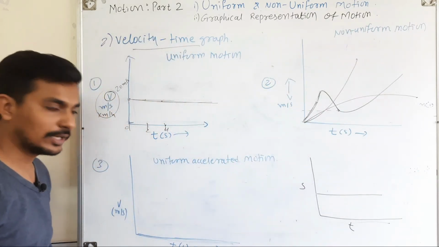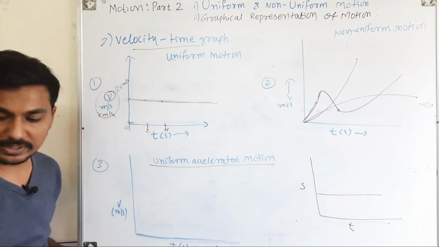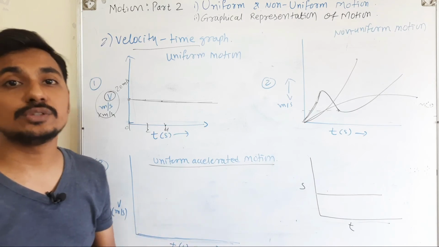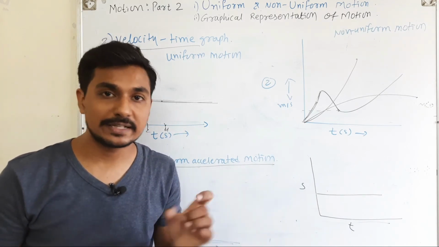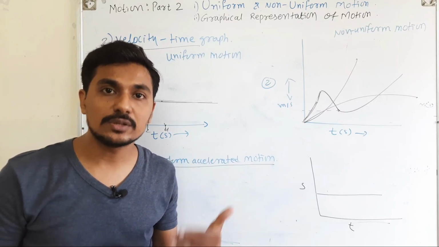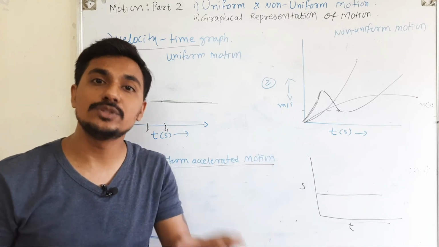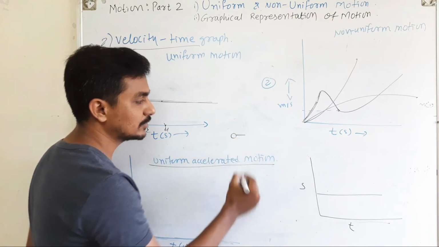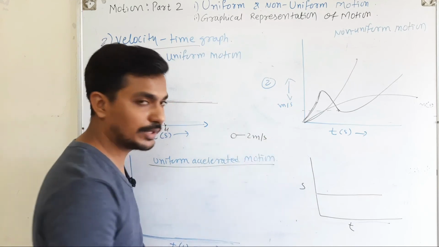Then, if you have uniformly accelerated motion, it means the acceleration is uniform. Acceleration means rate of change of velocity. That is, the change in the velocity, the change in the speed, is uniform. That is, you are starting with 0 and in the first second you acquire a velocity of 2 meter per second.